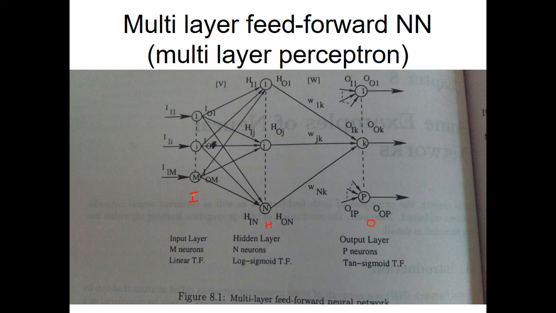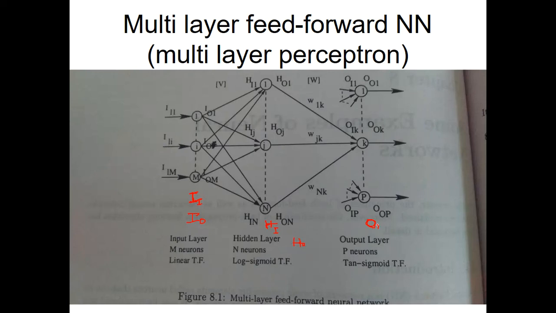For any notation, the first capital letter represents whether it is input layer or hidden layer or output layer. Now there will be two subscripts. The first subscript will tell whether it is input or output. So it may be I again, or it may be O. So it may be HI or HO.